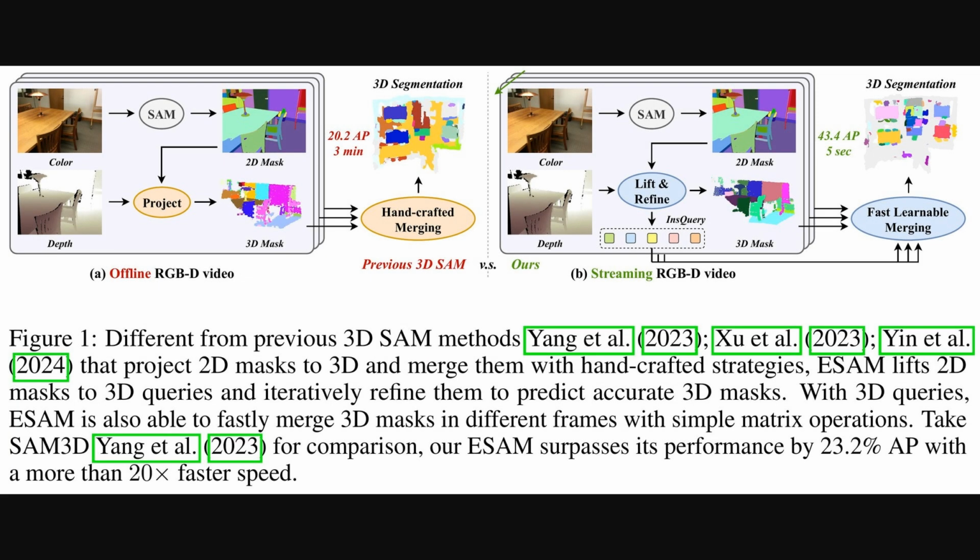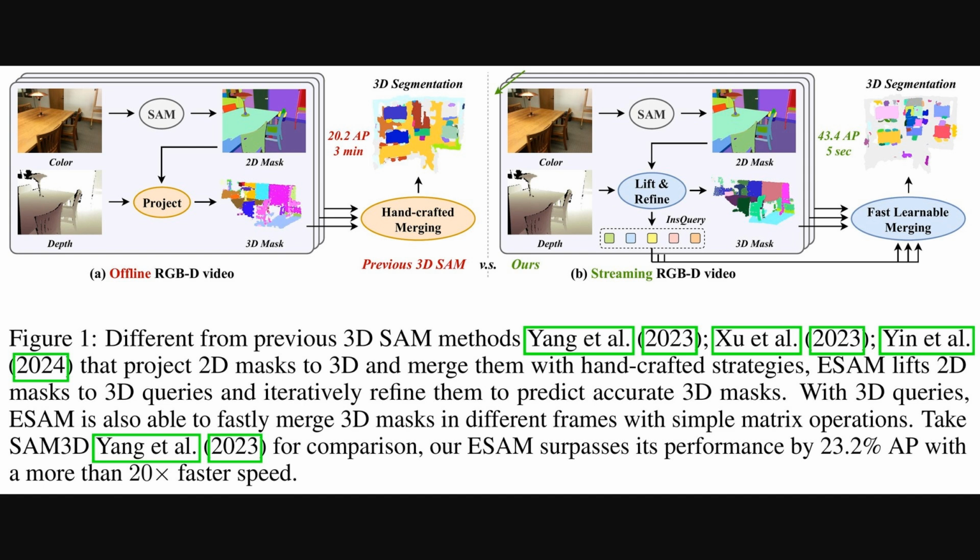Alright, so this first figure really sets the stage, comparing EmbodiedSAM's approach to previous methods. On the left, older systems process RGB-D video offline. They use a vision foundation model called SAM, that segment anything model, to get 2D masks or object outlines. These are projected to 3D and slowly merged. The figure shows this achieves an average precision, or AP, of 20.2.